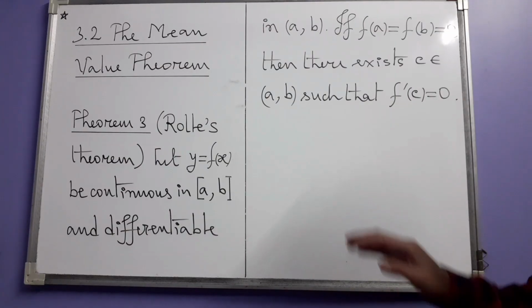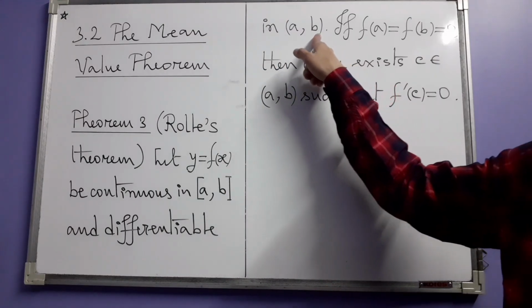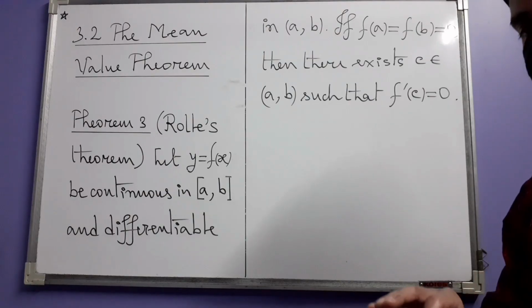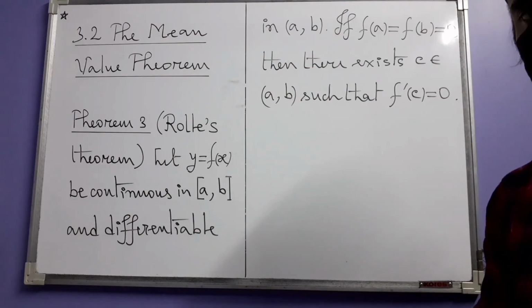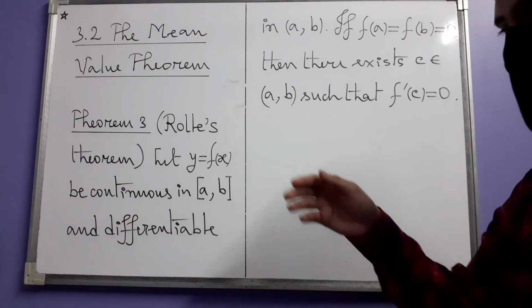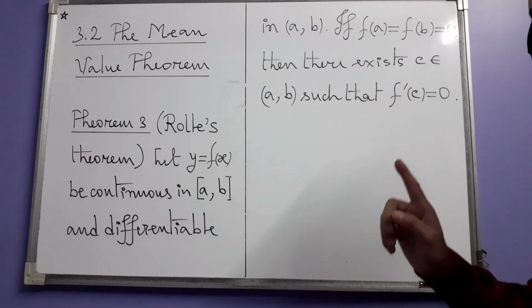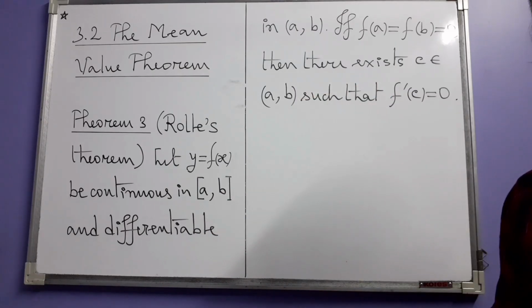And it also makes sense because it's already given that f is differentiable at every point of this open interval. So the derivative exists, but there will be at least one point in the open interval where this will be 0. That means if you think of the tangent to the graph of the function, the tangent will be horizontal at some point in the interior of this closed interval.